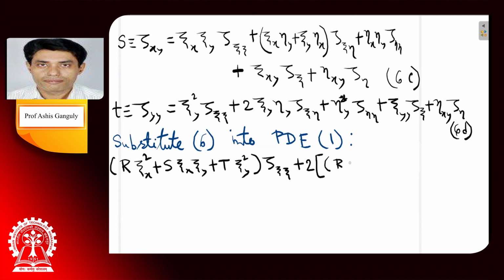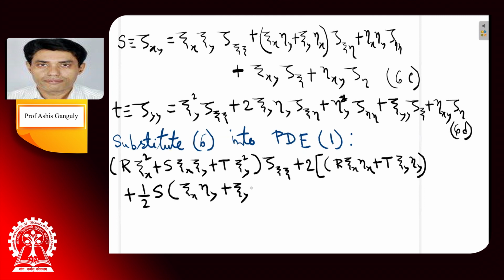So it will be r xi x eta x plus t xi y eta y plus half capital S times xi x eta y plus xi y eta x.